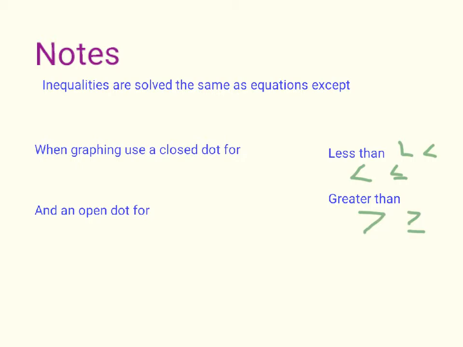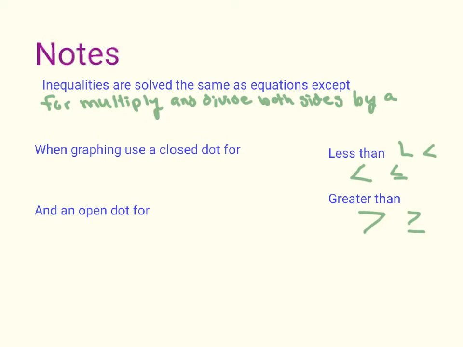So when we're solving basically equations that instead of having an equal sign, they have an inequality sign, they're solved the exact same way, except for when you multiply and divide both sides by a negative number, the inequality flips.